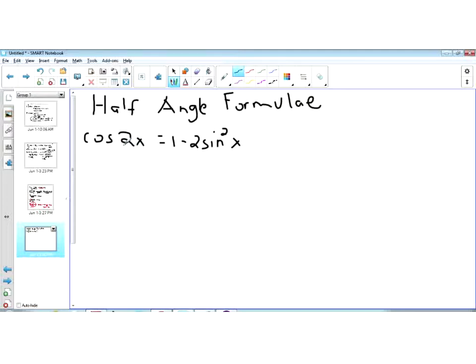Okay, so sine squared x then is equal to 1 minus cosine 2x over 2.